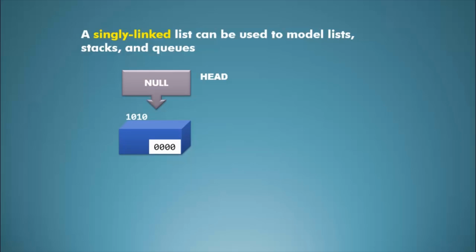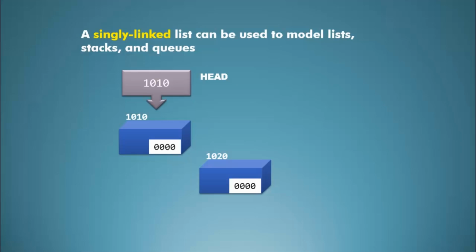We place our first node by allocating space, returning the address of that space back to the head node. And so our first memory location is 1010. So we write our data into that, place the payload, and then we write a second item.